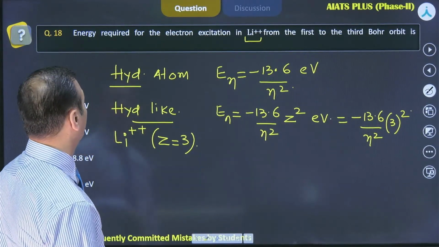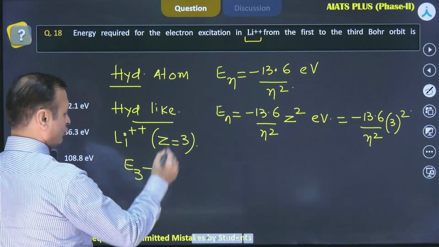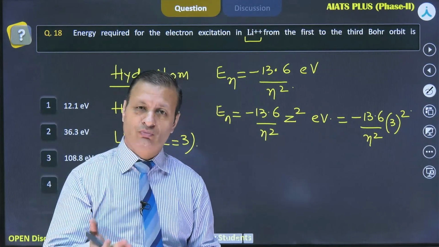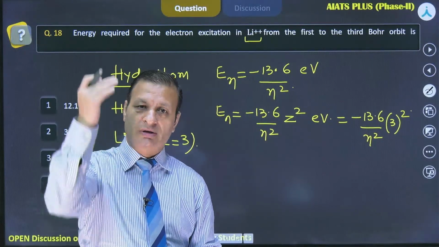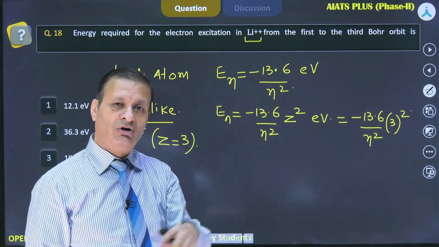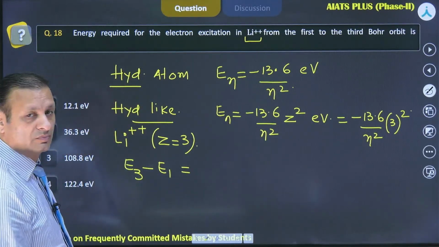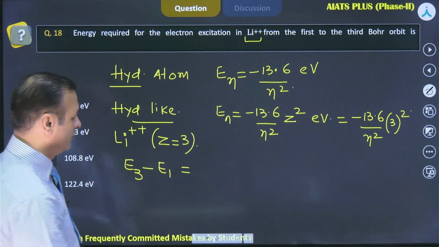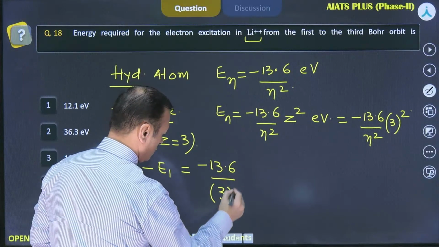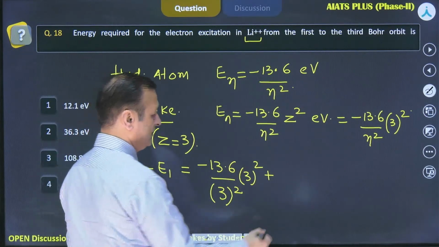Now we have to find out the energy difference from first to third. When you move from first to third, you will absorb, and when you jump from third to first, you will release. But the amount of energy involved during the absorption or the emission will remain the same. So when you take the difference, what is E1?